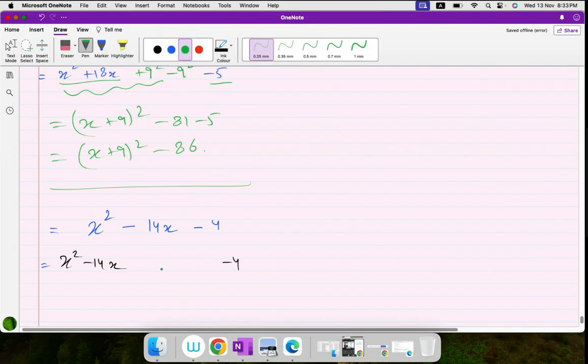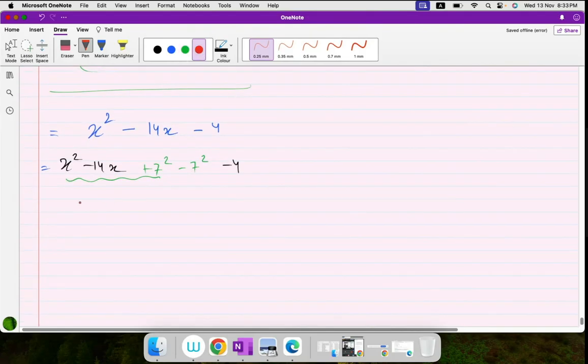What should come in between? 7 squared minus 7 squared. That's right. Close the first three. So x minus 7, and minus 49 minus 4. Yes, minus 7. And x minus 7 whole squared, 49 and 4 is 53.